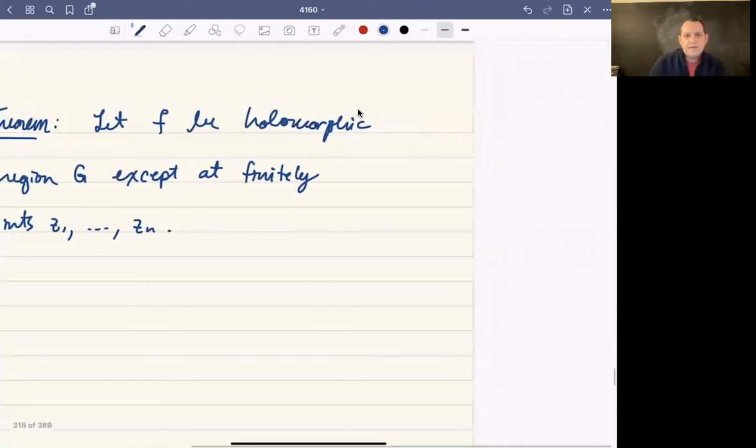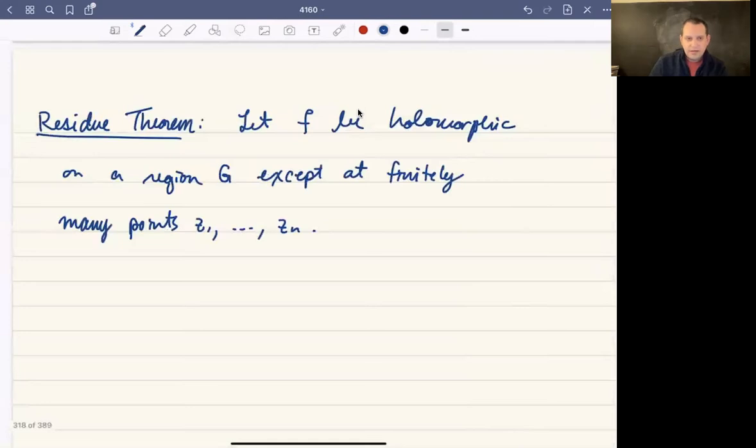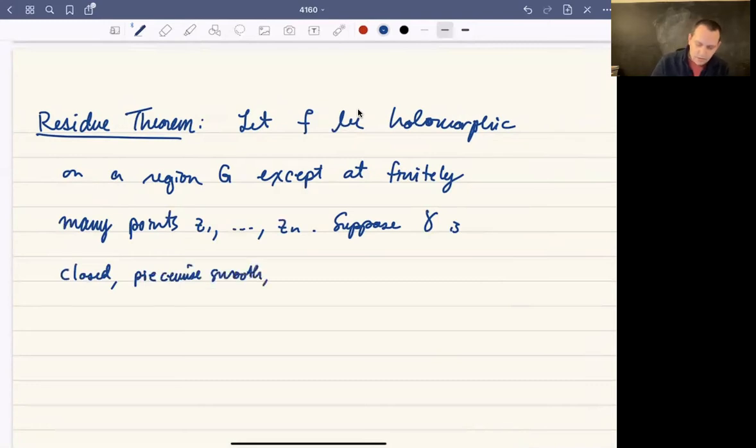And then let's suppose that we have a curve gamma that has all the nice properties that we want. So suppose gamma in G is closed, piecewise smooth, positively oriented, simple, and contractible.